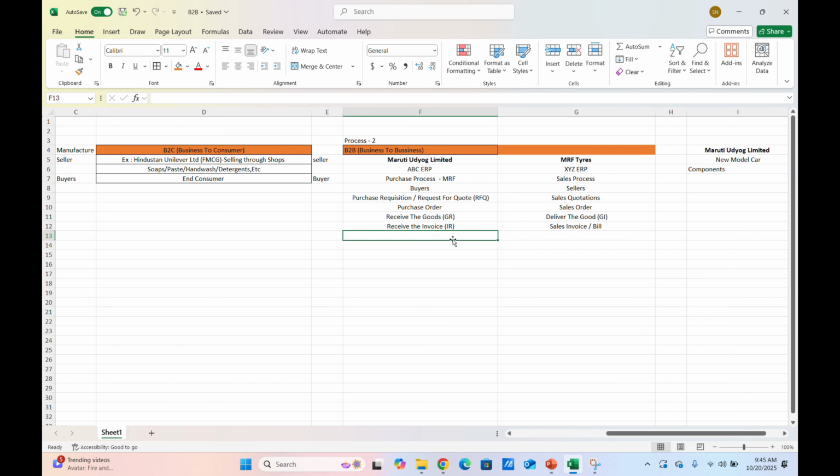After receiving the invoice, they pay the vendor. They are going to pay the vendor from the account payable.